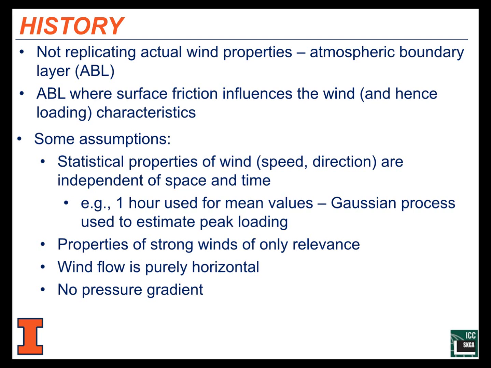The major assumption that we make is that statistical properties of the wind, whether wind speed or direction, are independent of some space and time scales. For spatial scales, we typically assume that's much larger than the building scales that we're interested in. In time, at least in codes and standards, we typically assume about a 1 hour time period.